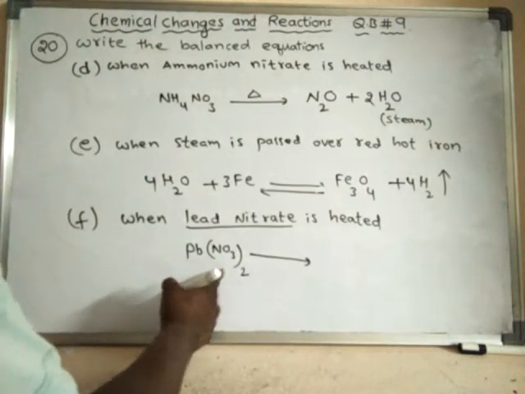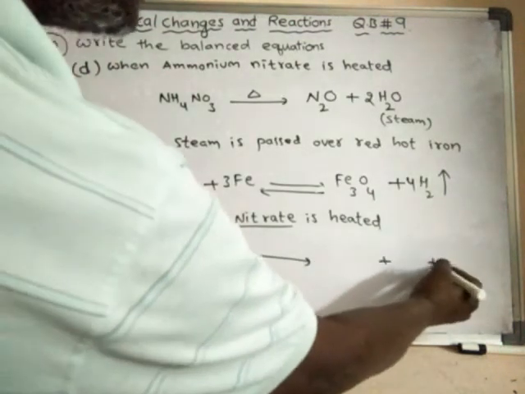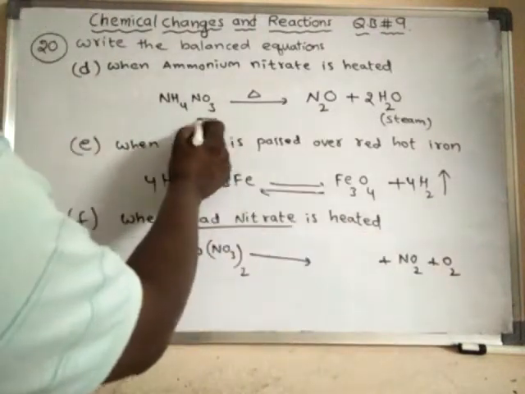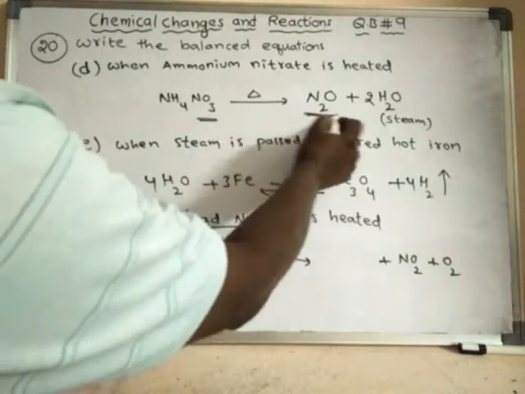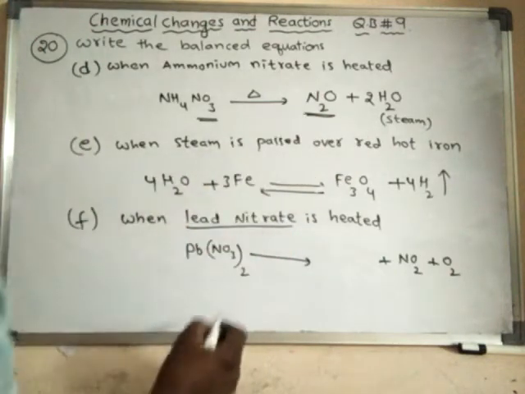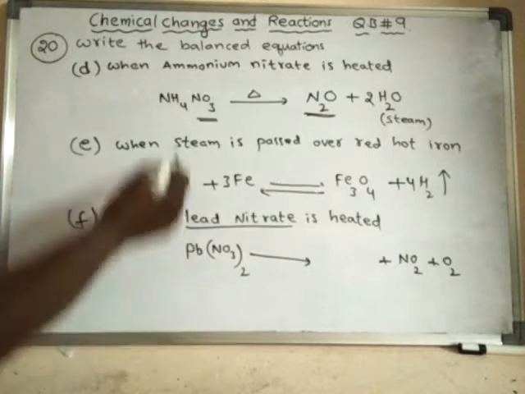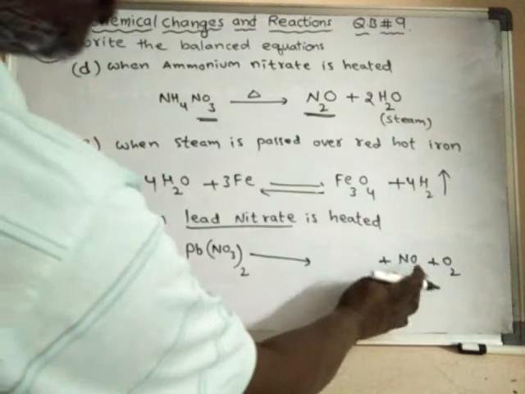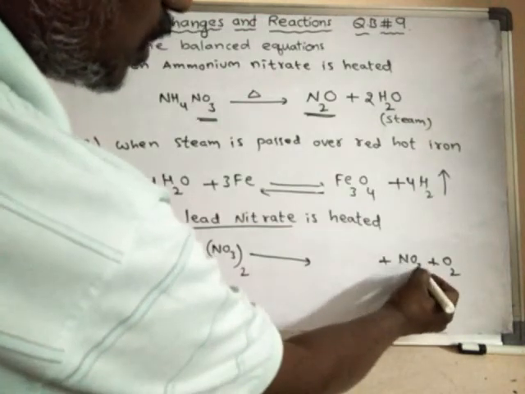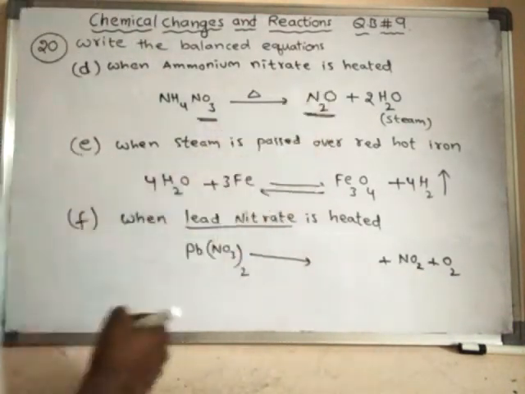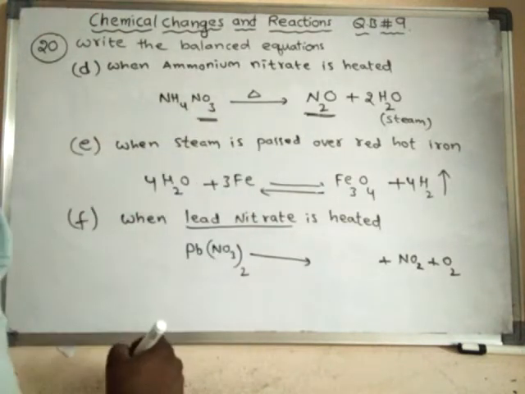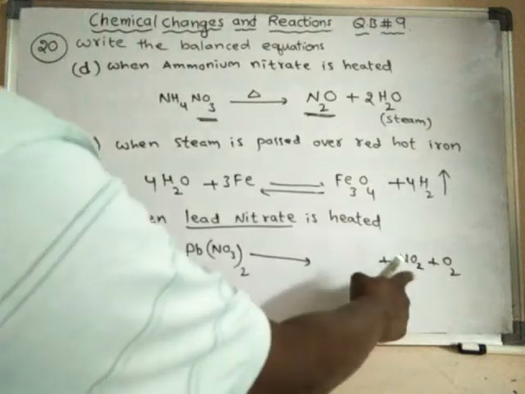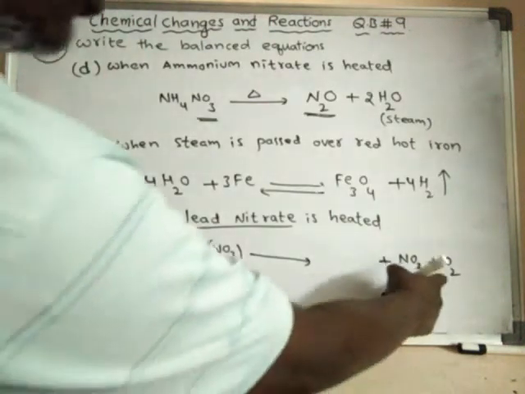Generally, nitrates upon heating liberate oxygen gas and NO2. But ammonium nitrate will not form NO2, it will form nitrous oxide, N2O. Remember, other nitrates, when heated, liberate NO2 gas and O2 gas.